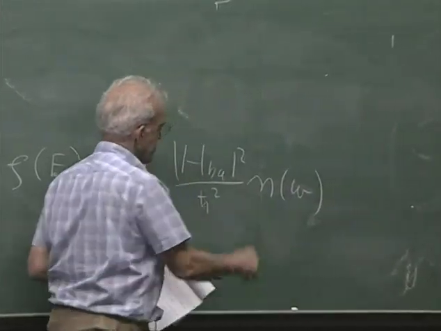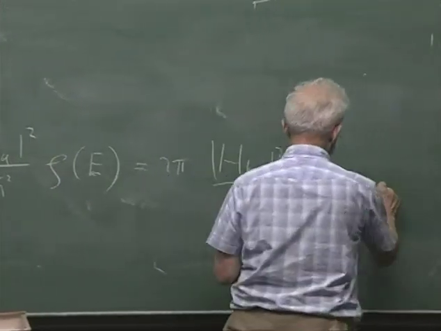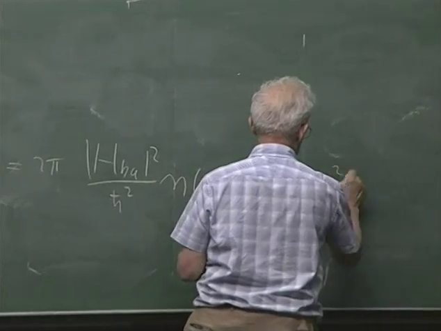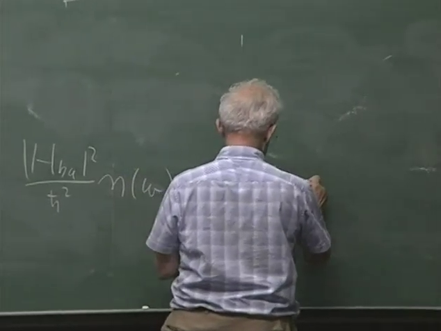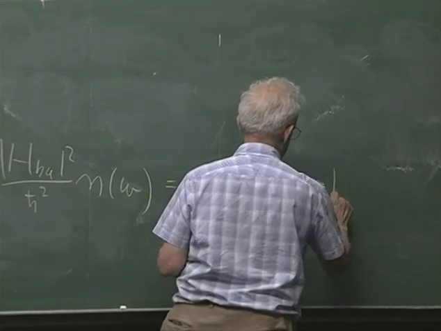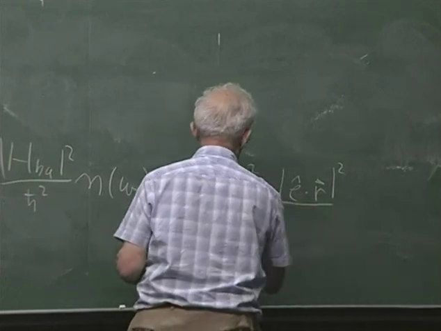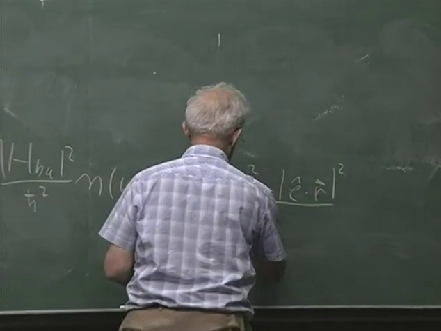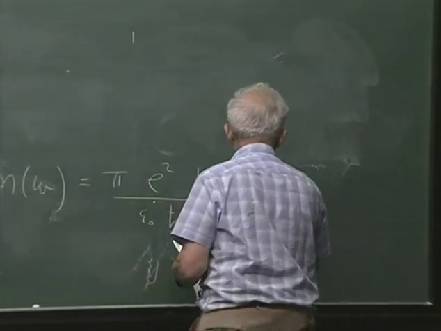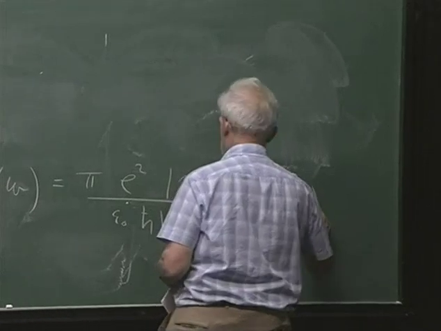This is the distribution of photon modes over there, which is equal to pi times E squared times the matrix element squared, polarization dotted into R squared, over epsilon naught times H bar V times omega naught times n of omega naught.